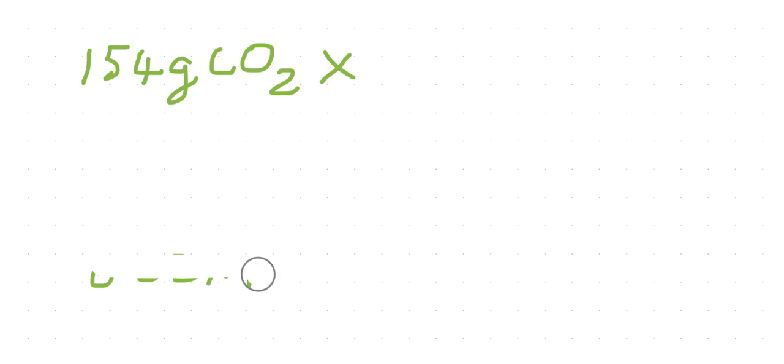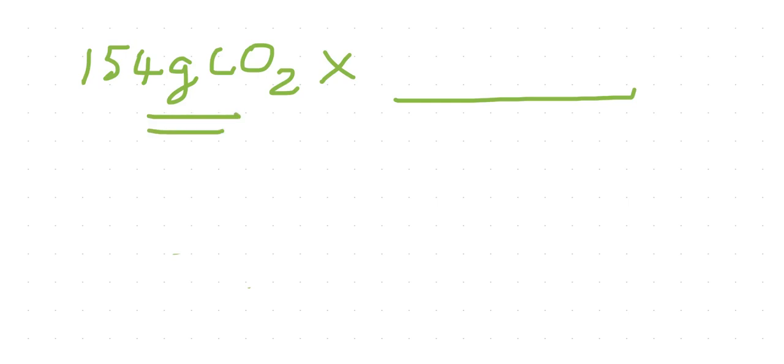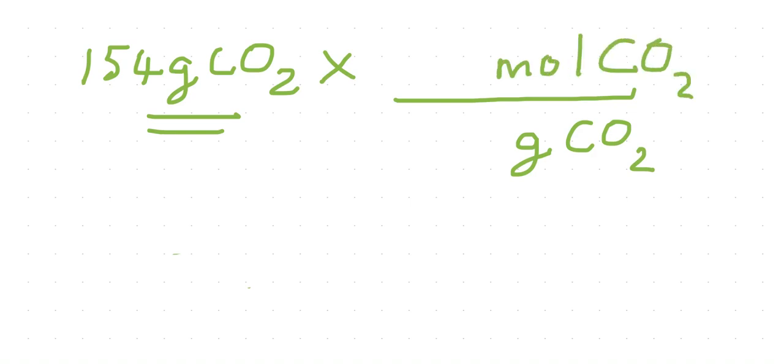Okay, so we need to multiply 154 by a conversion factor. And as usual, you want to pay attention to what's given. You have grams of CO2, which is what's going to go in the bottom of the conversion factor. We're looking for mole of CO2 that goes on top. And the molar mass was 44 grams for every 1 mole of CO2.